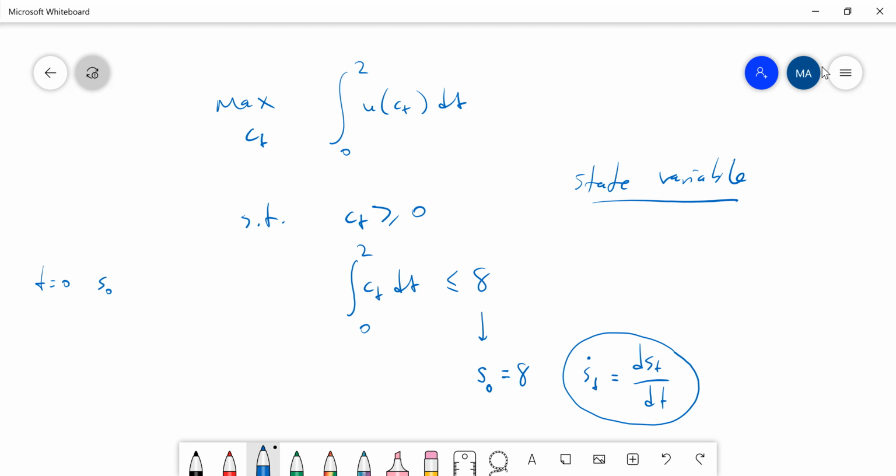I have S0 and I consume C0, right? Now, what happens in the beginning of t equals 1? If time was discrete, I would have something like this, right? So then I can actually write this for continuous time, right? For all t in this interval, I can have S dot t equals minus C_t.